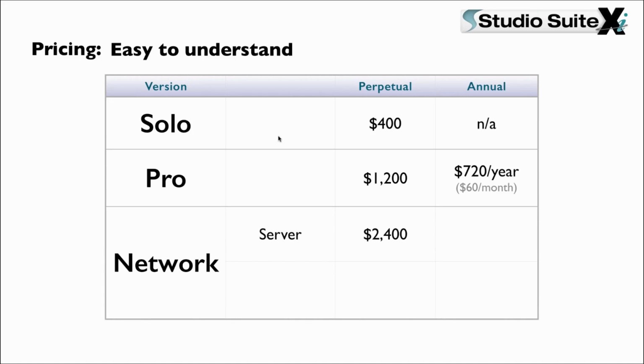And then there's the network version, which is really kind of our flagship product. It's where we put our energy into. The server is $2,400, and then the per seat, so per number of users, $1,200, and then the annual on that is $1,440 for the server, or $120 a month, and then per seat, $720 a year. Or basically $60 a month.